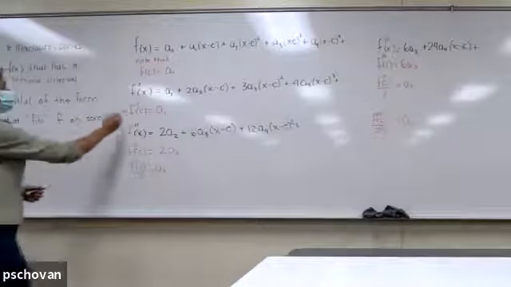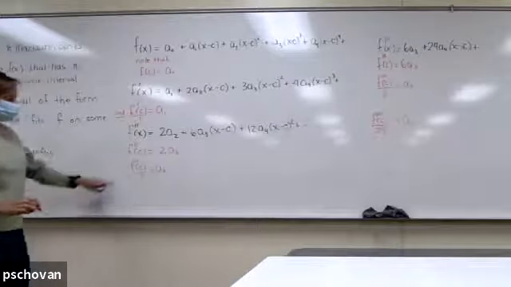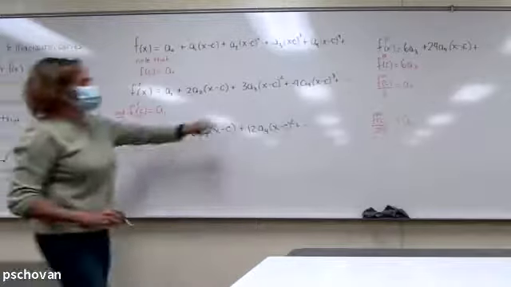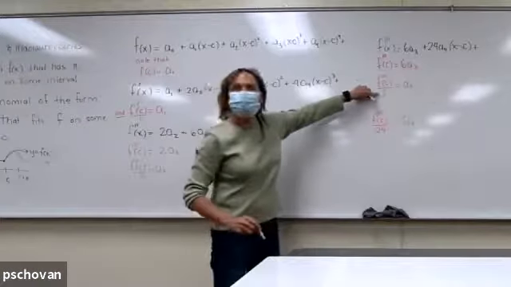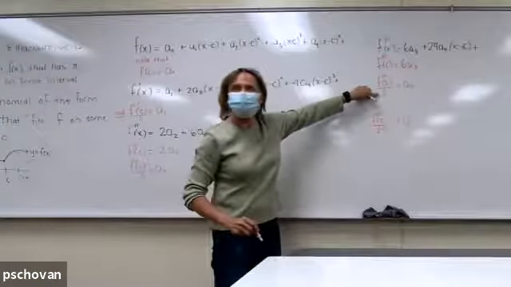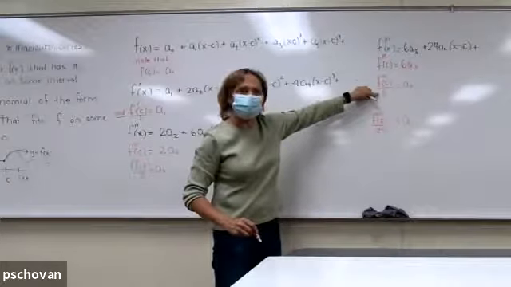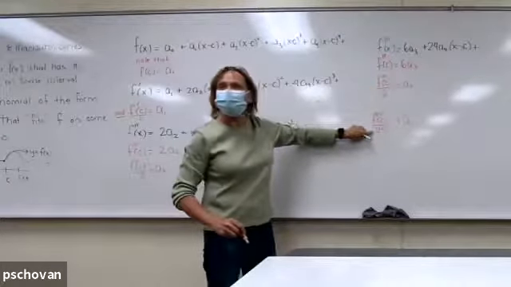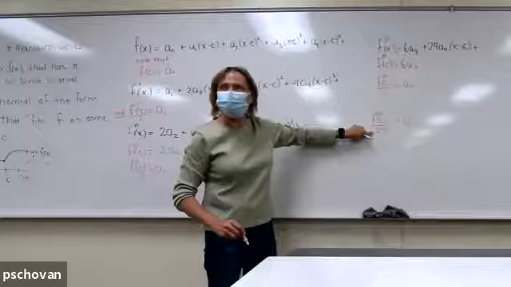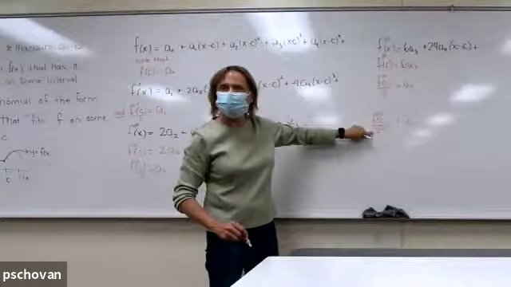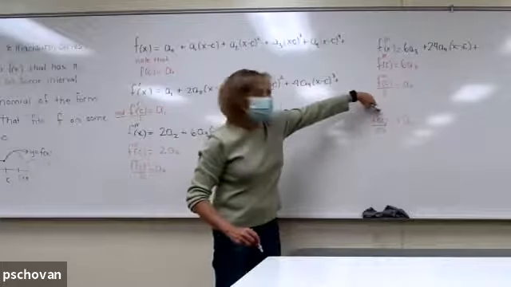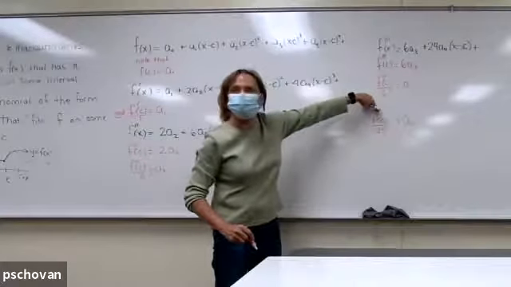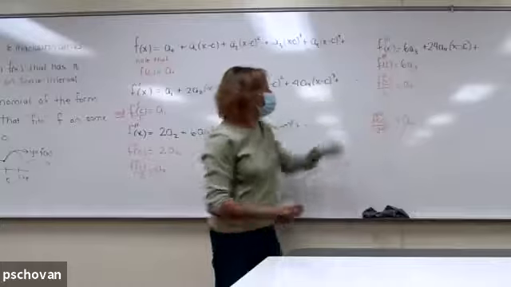I've got essentially a 1 here, a 2 there. 6 can be thought of as 3 times 2 times 1. 24 is 4 times 3 times 2 times 1. These are all going to be the factorials of whatever integer the power of the derivative is.